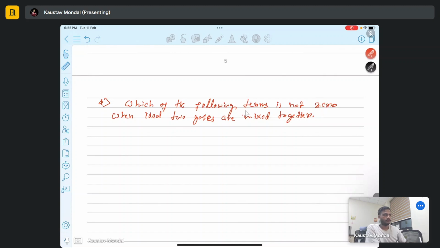The options are option A, delta H mix, option B, delta S mix, option C, delta G mix, and option D, delta U mix.